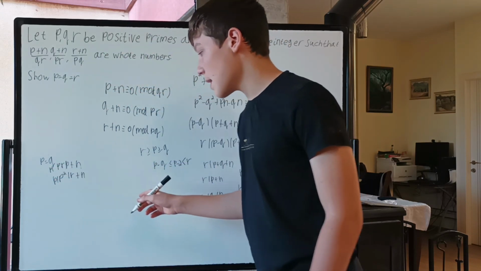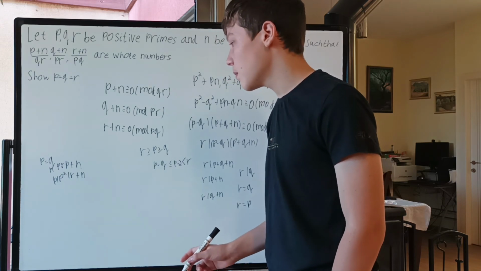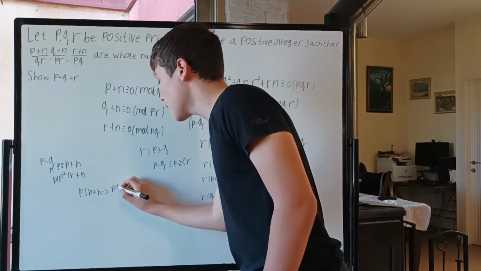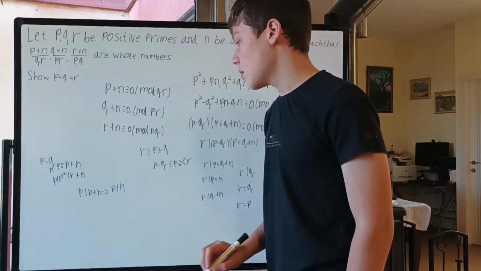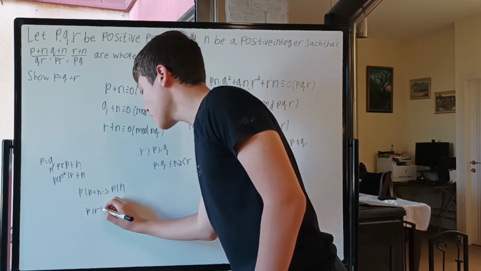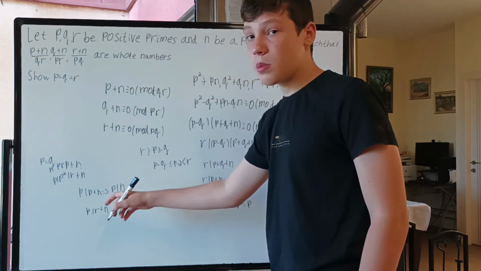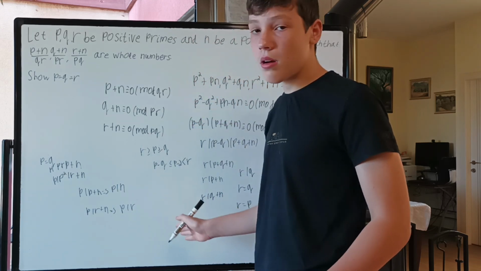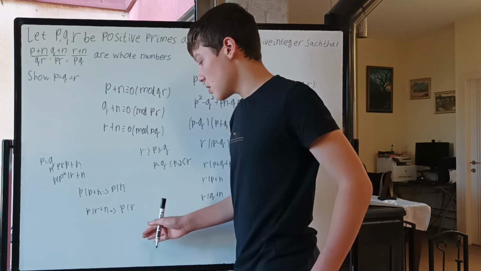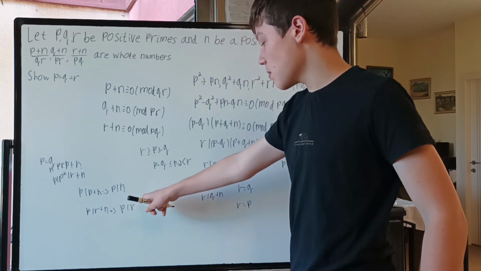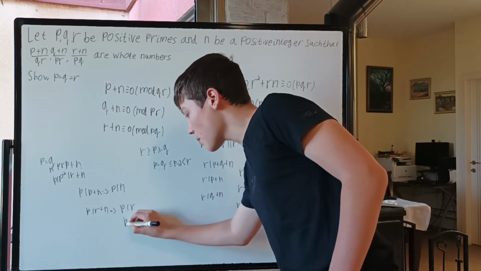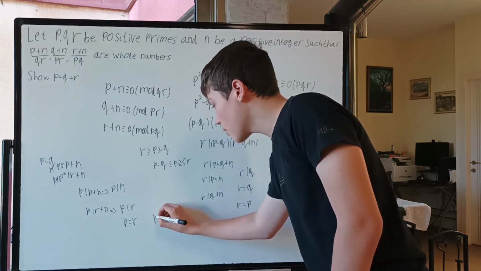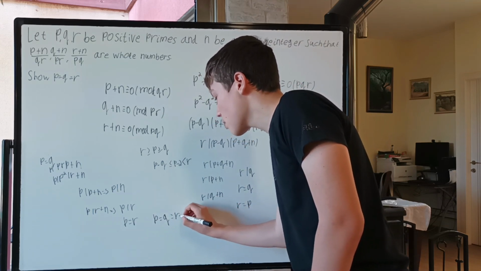So P divides P plus N, and P divides R plus N. But if P divides P plus N, that means that P divides N. But now, since P divides R plus N, and N is divisible by P, we know that P divides R. And again, since they're both prime numbers, we get that P is equal to R. And we know that P is equal to Q, so finally we get P is equal to Q, which is equal to R.